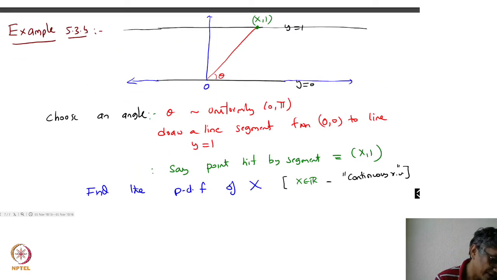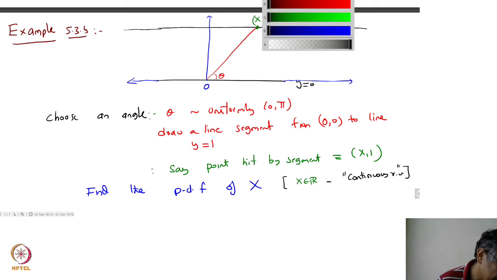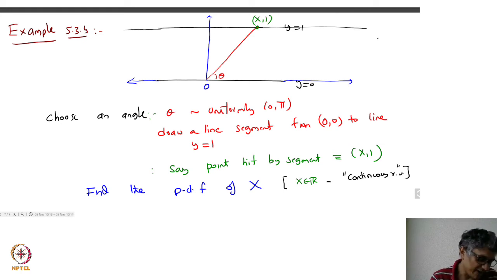So how do you find x as a function of theta? Let me use a different color, pink. How do I find x? If I drop this line right here, x is just, looking at the top triangle, which is easier, the tangent of 90 degrees minus theta.